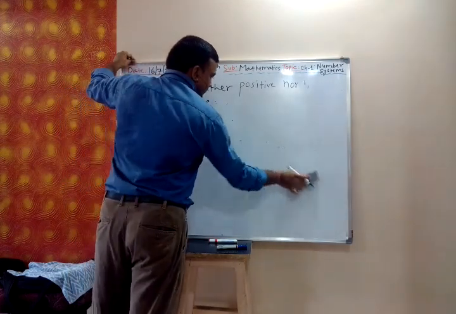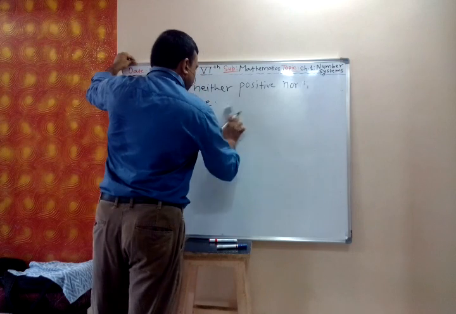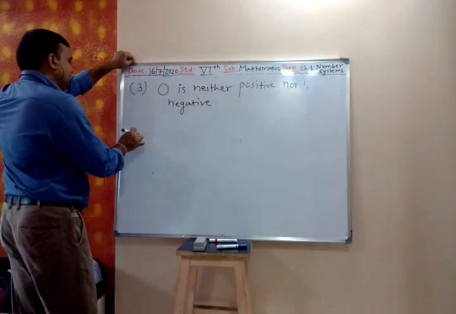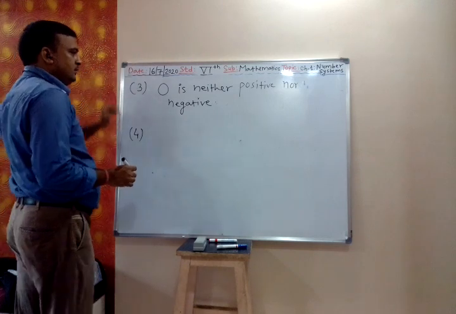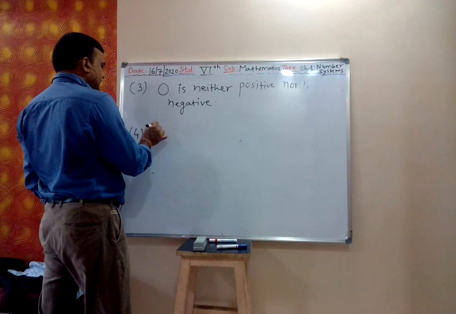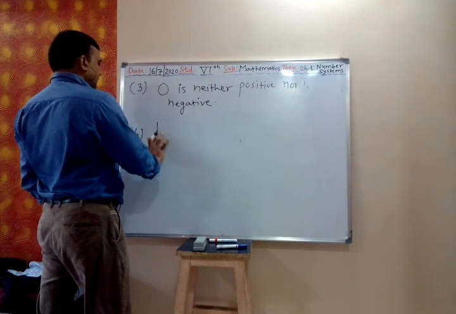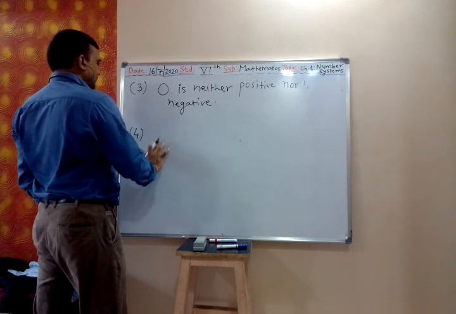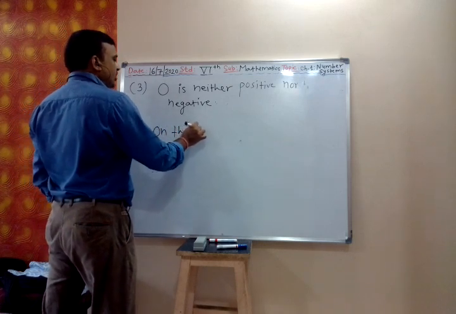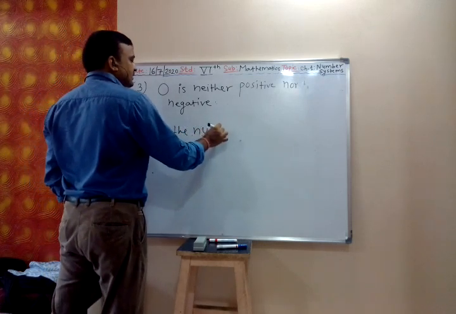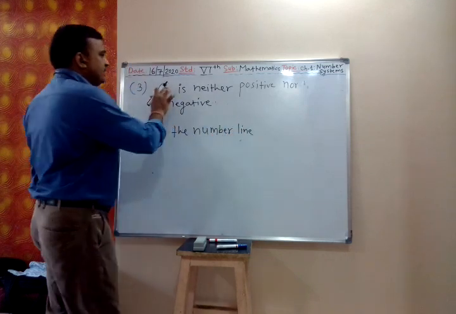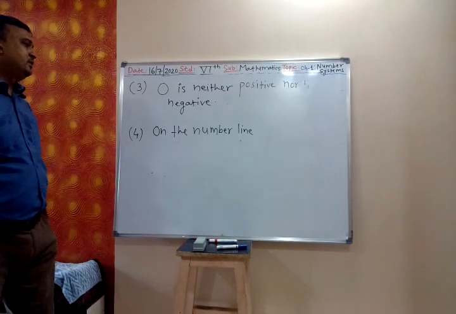Then fourth point. On the number line, these are points. 0. 0 is neither positive nor negative.